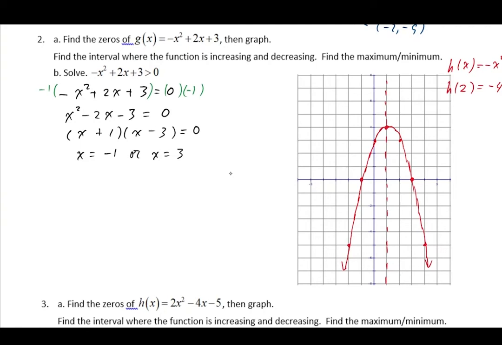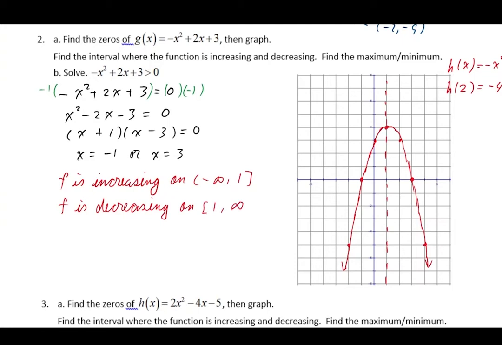Okay. Now then, we have our function increasing first from -infinity to +1, and then decreasing. So let's write that down. So f is increasing on from -infinity to +1, and f is decreasing on +1 to infinity.